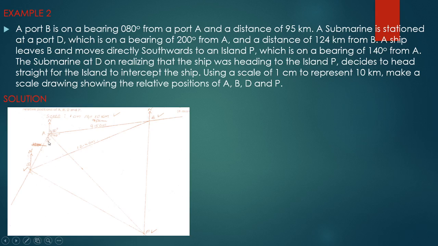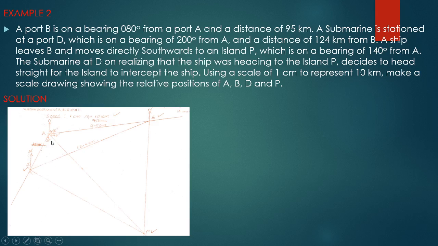The straight line here. This is a straight line, 180 degrees. So what we do, we measure now. We put our protractor here and measure clockwise 20 degrees to make 200. So you measure 20 degrees, then you draw a straight line.